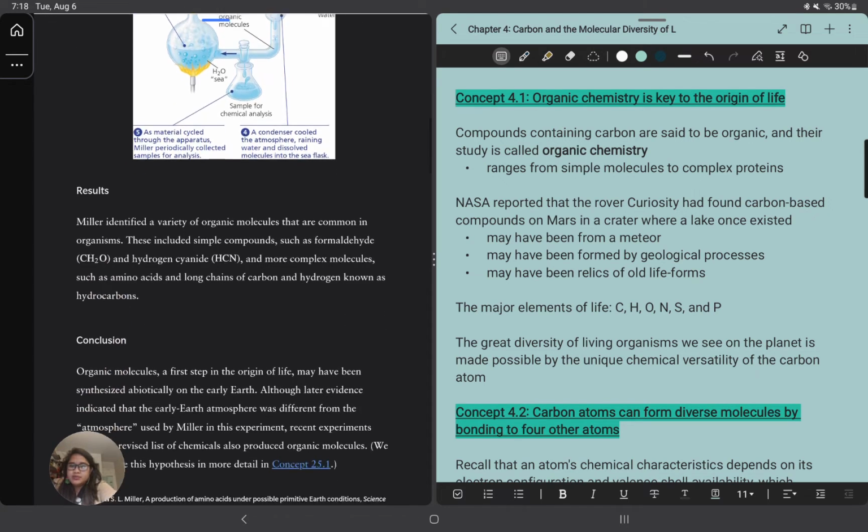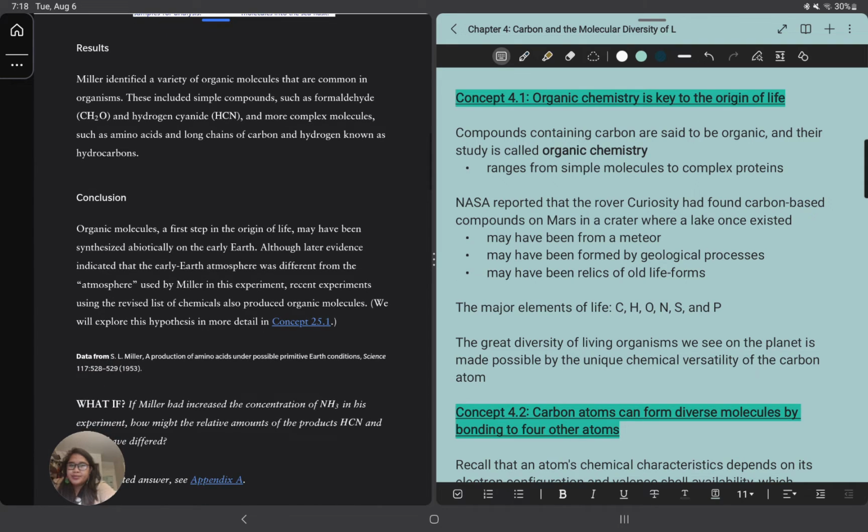That's cool. Results. Miller identified a variety of organic molecules that are common in organisms. These included simple compounds such as formaldehyde and hydrogen cyanide, and more complex molecules such as amino acids and long chains of carbon and hydrogen known as hydrocarbons.